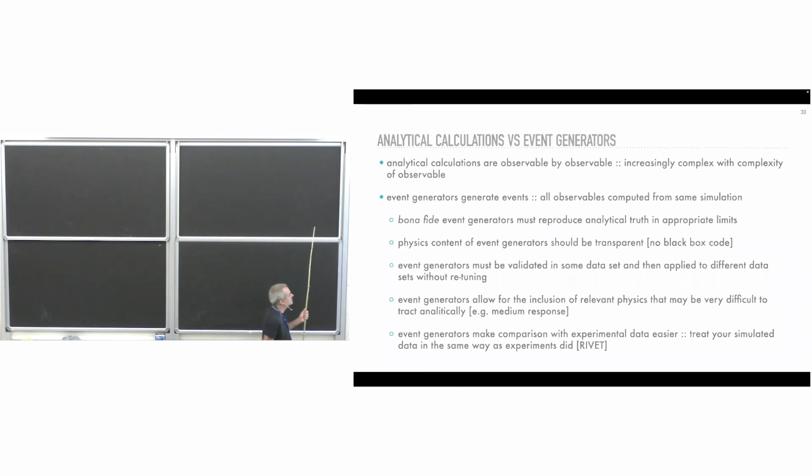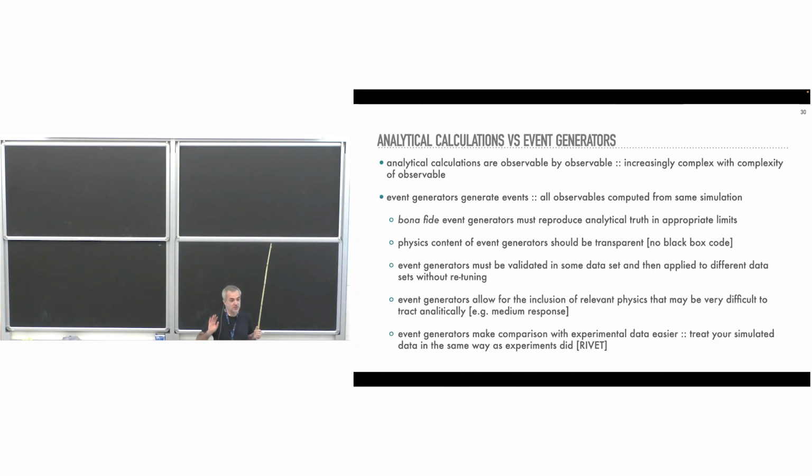And it's here that it becomes wise to think about event generators. Event generators do exactly what it says on the label. They generate events. They don't calculate observables. They generate events, and then whatever your favorite observable is, you calculate that from the output of the event generator.